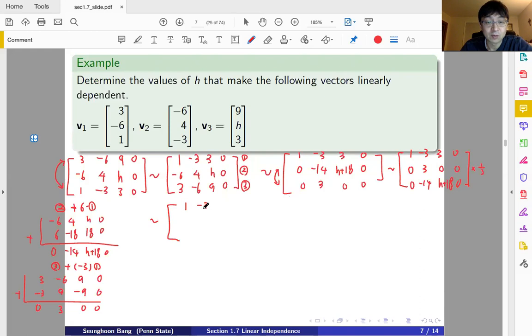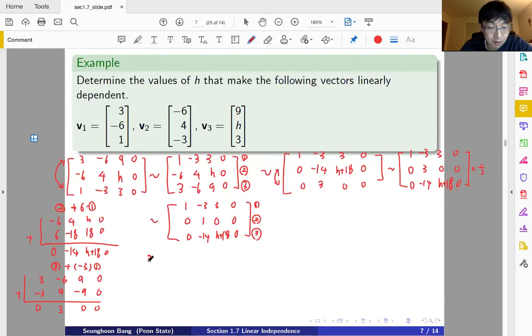1, negative 3, 3, 0. 0, 1, 0, 0. 0, minus 14, h plus 18, 0. The next, how can I make the minus 14? Same, first row, second row, third row.